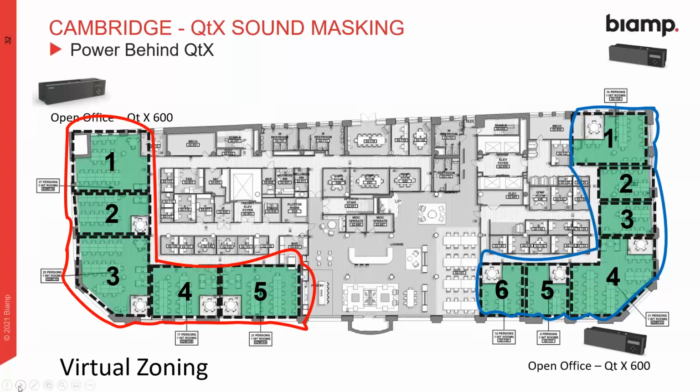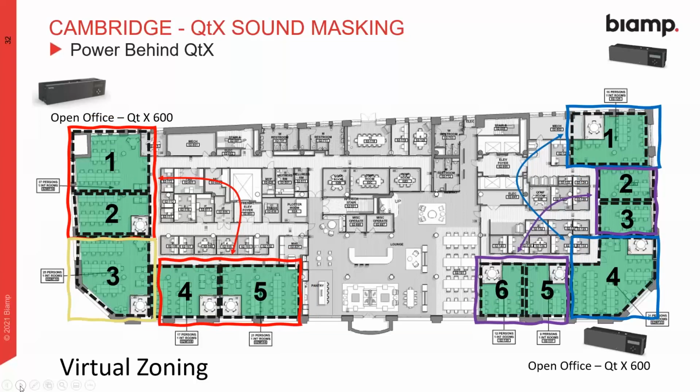That virtual zoning can be done in a number of fashions. You can take outputs 1 and 2 and 4 and 5 on the left and make a virtual zone with it. The same on the right with outputs 1 and 4 or 2, 3, 5, and 6, and create virtual zones for control, background music, or paging.